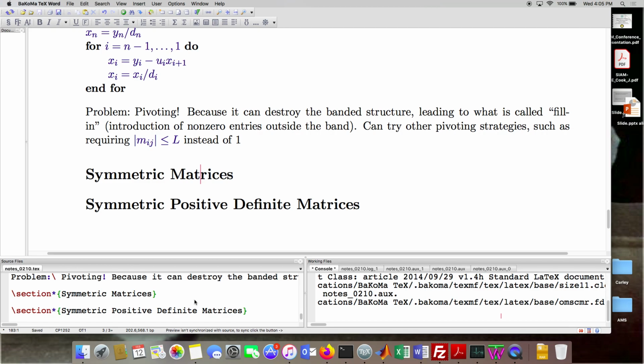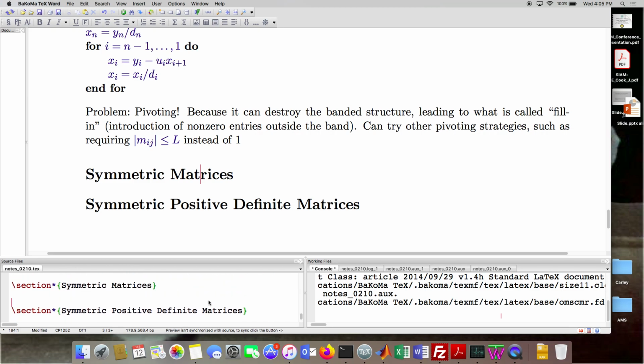Okay, in keeping with solving Ax = b, where A fits into a certain category of matrices: last time it was banded matrices, and today it'll be symmetric matrices, especially focusing on matrices that are symmetric positive definite.